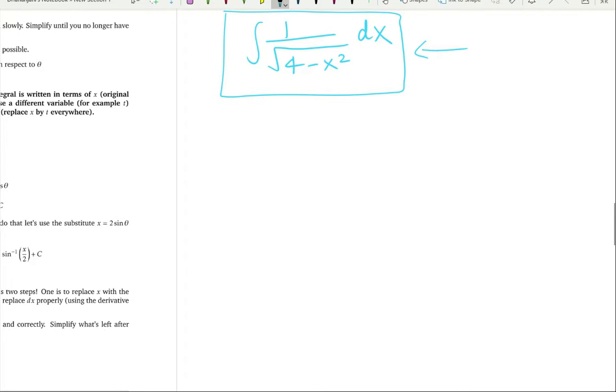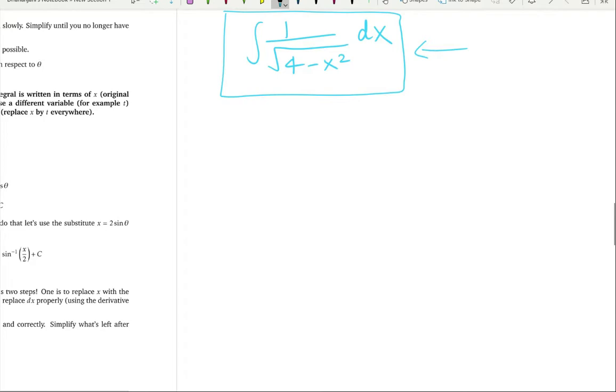Okay, let's get started. Now the most important thing in a trigonometric substitution problem is the square root part, right? That is why we spent a couple of videos learning about the square root part. So let's look at the square root part. It's the square root of 4 minus x squared.